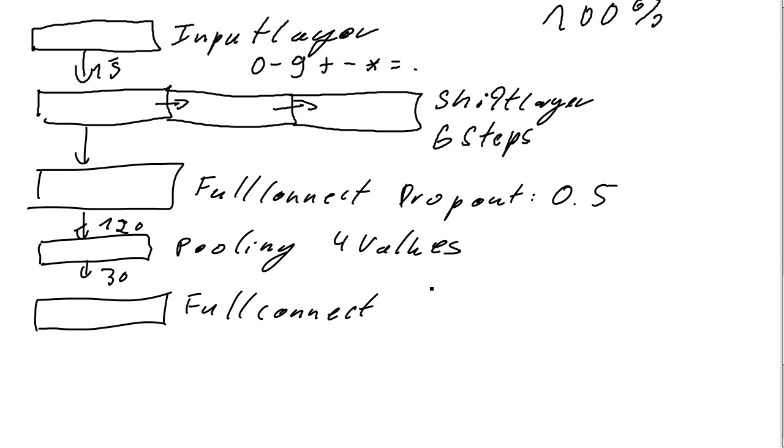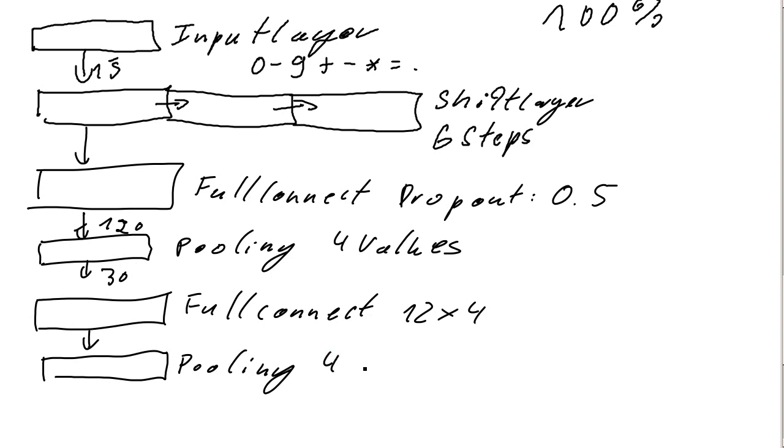This has no dropout. And then I make a next pooling, again with 4 values. The output is 12 values, each value for one character. That means for 0 till 9, and for the minus, and for the dot. And this is 12 characters.